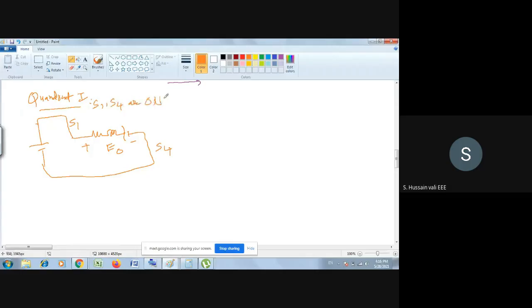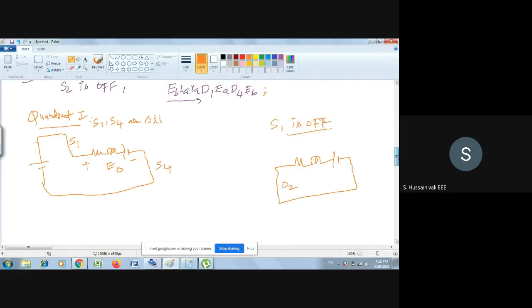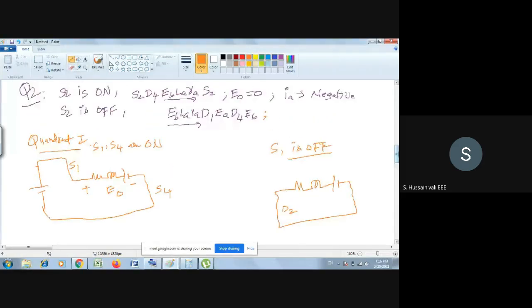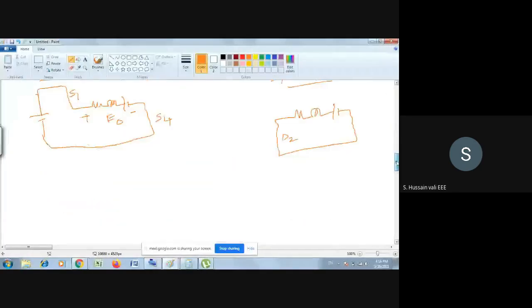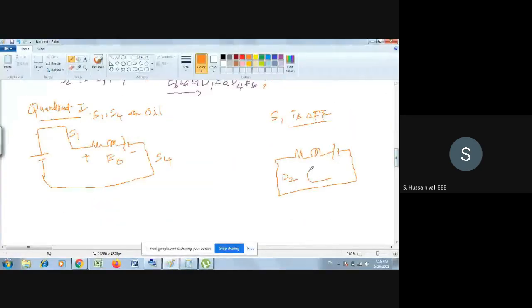Now the second case is that S1 is off. When S1 is off, the circuit diagram becomes something like this. It will take a path through D2. This is the closed path. So in this case, what is E naught?